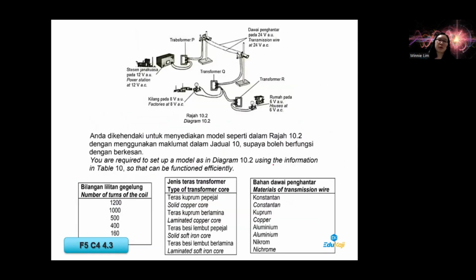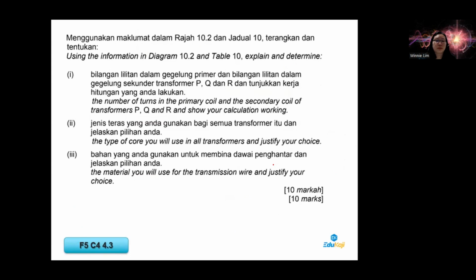Okay, you are required to set up a model as in diagram 10.2 using the information in table 10 so that it can function efficiently. So what is the information? You need to talk about the number of turns in the primary coil and secondary coil of transformers P, Q, and R, and then show your calculation working.